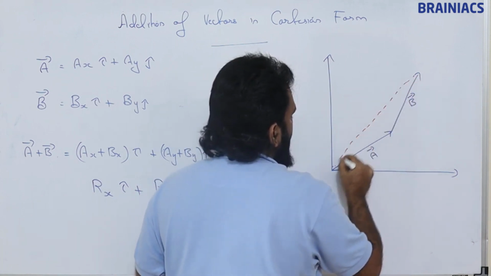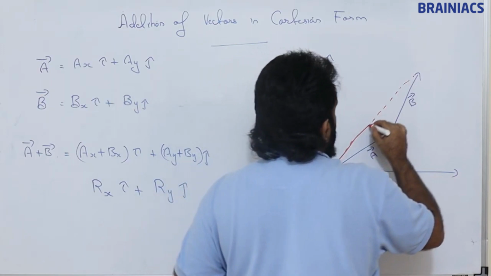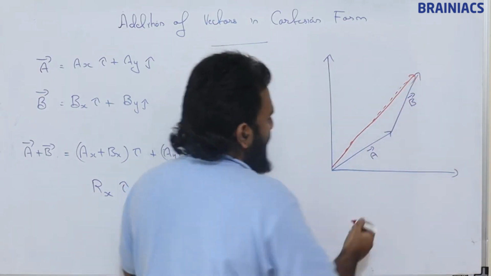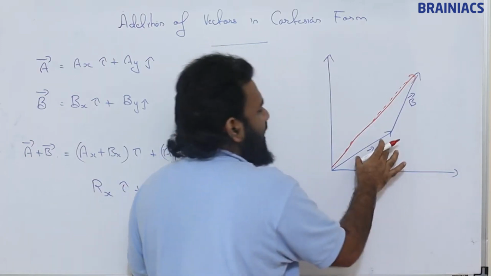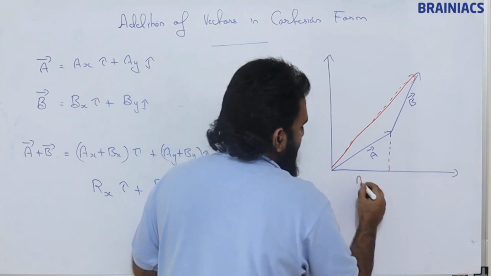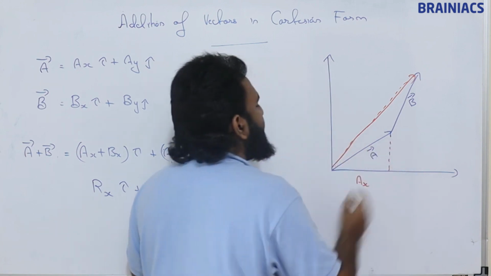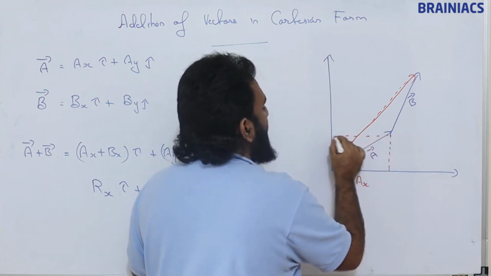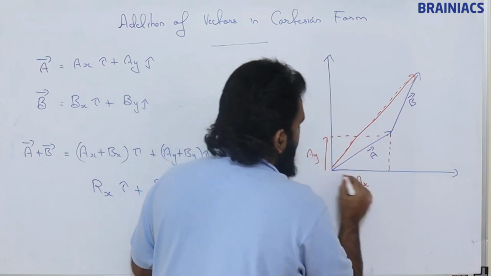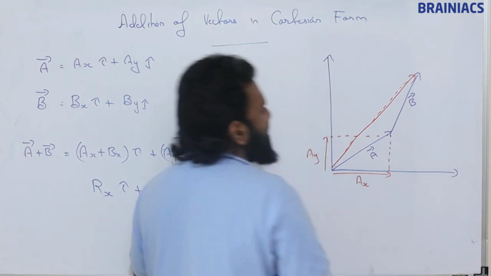Now if we take the components of vector A, this is ax, this is ay.